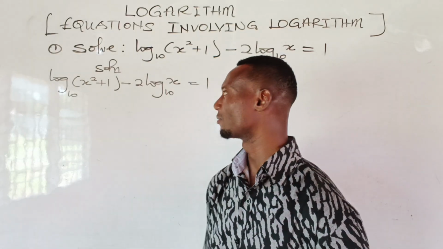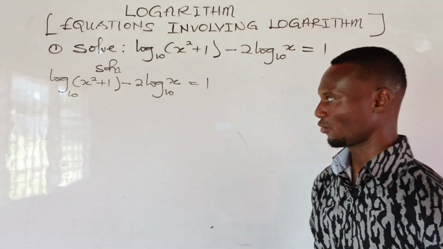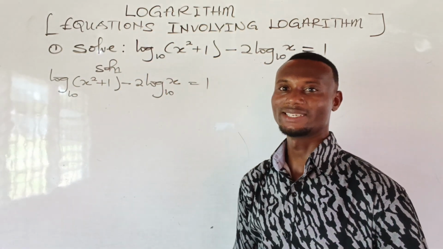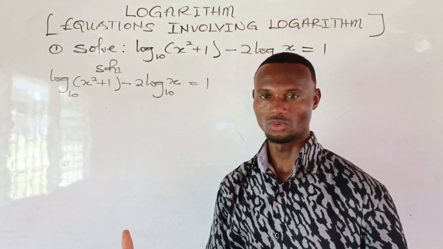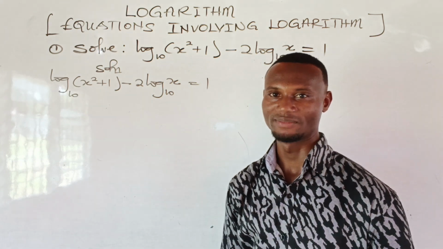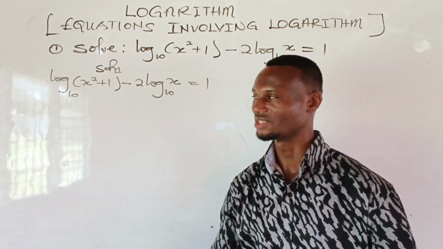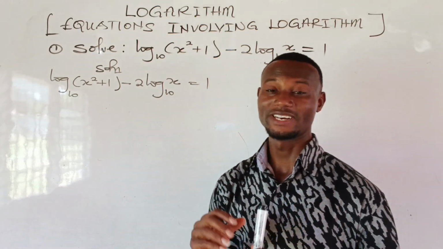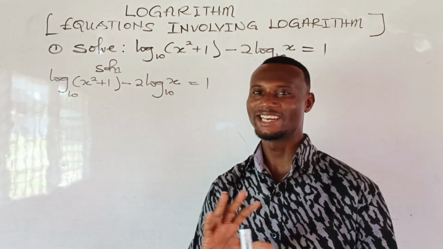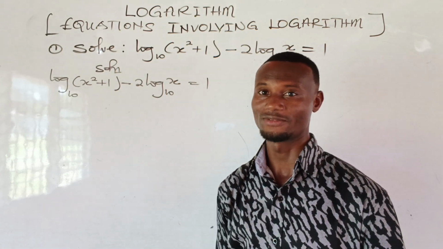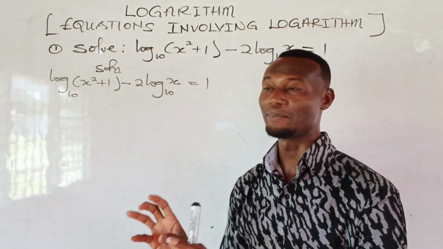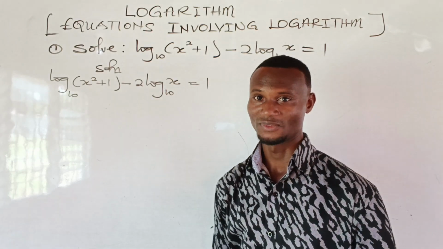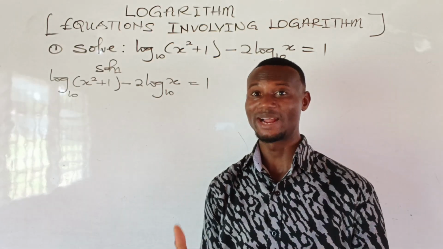Looking at the equation, the first thing to do is to apply the power rule or power law of logarithm that we learned in the previous videos. Just for the sake of those who don't have any idea of the laws of logarithm, I'm going to do a quick recap on them so that we can apply it to solve the question, and also to serve as a reminder to you.